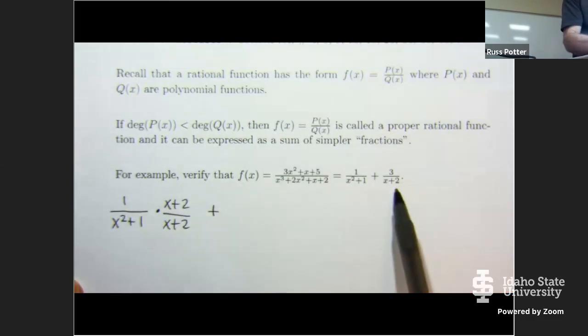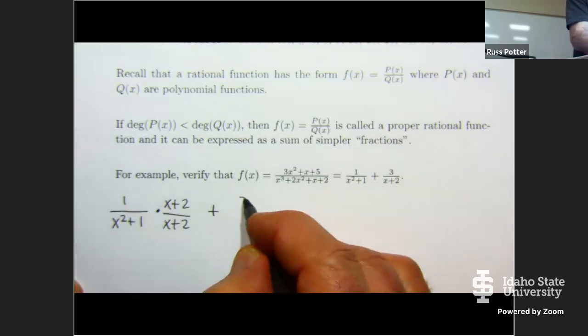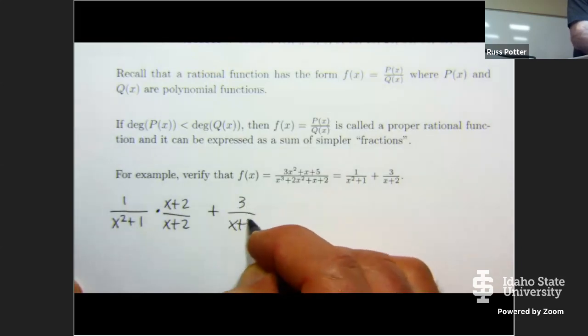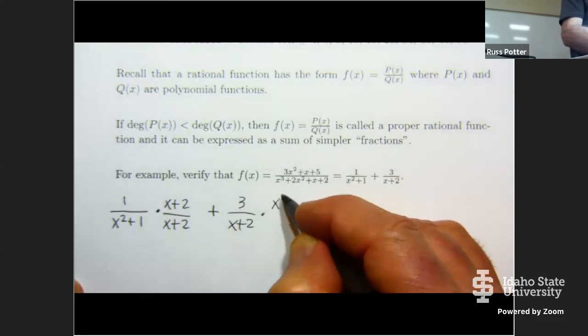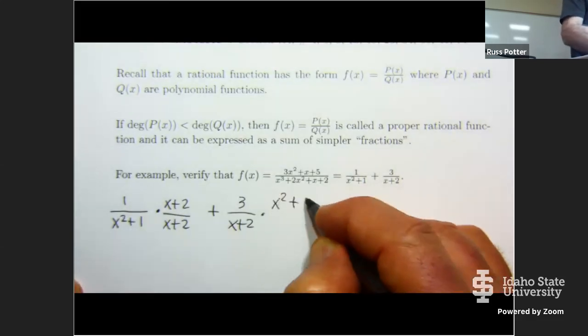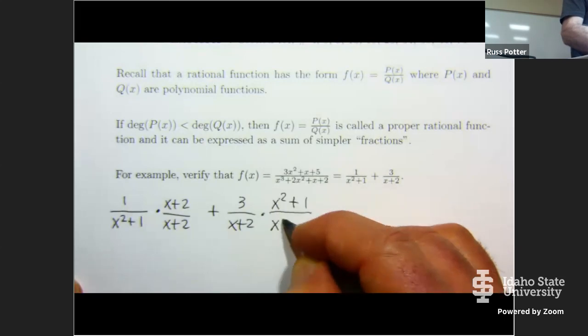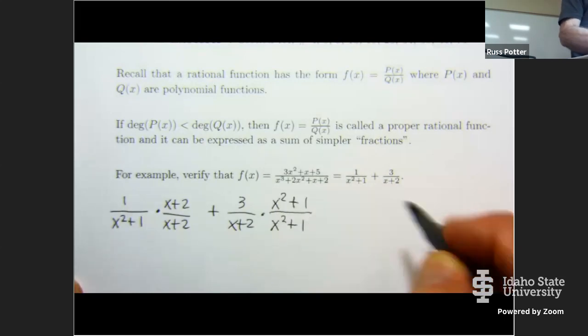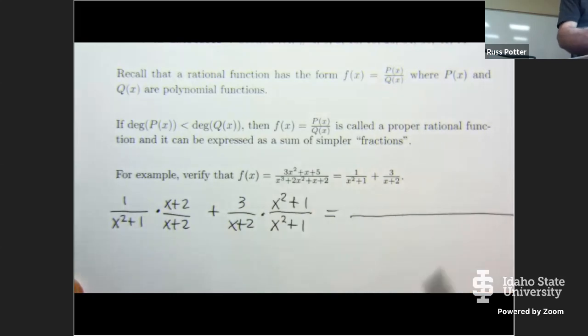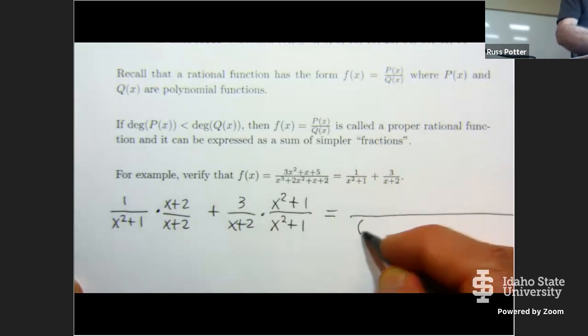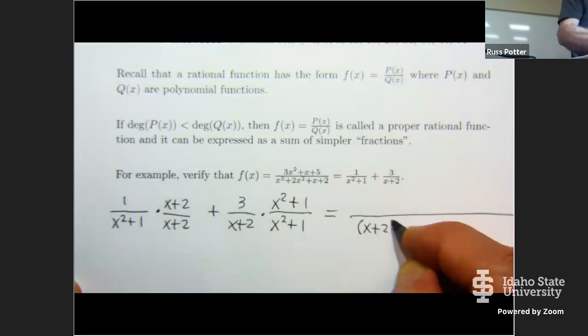Then we'll multiply the fraction on the right, 3 over x plus 2, by 1 in the form x squared plus 1 divided by x squared plus 1. Now we have a common denominator. The common denominator in factored form is x plus 2 times x squared plus 1.